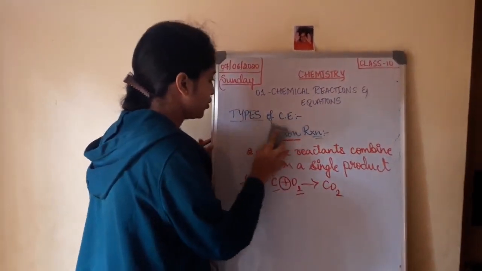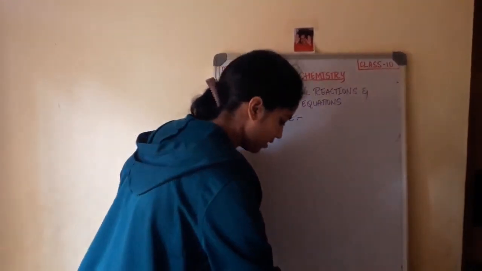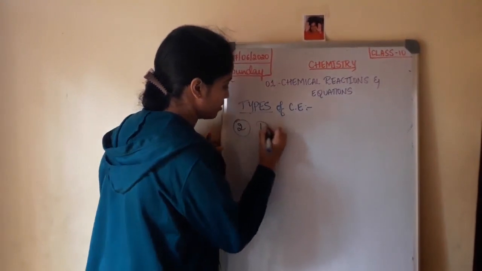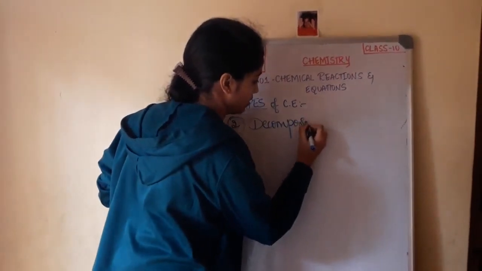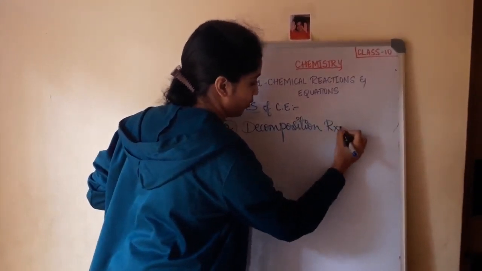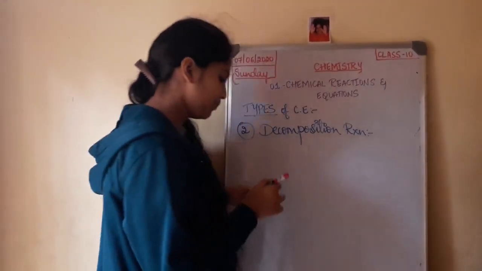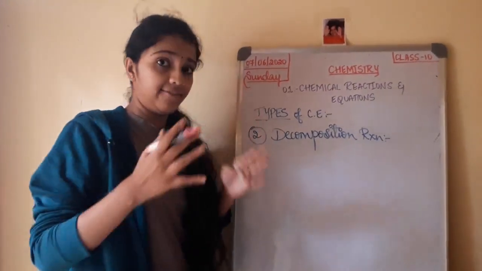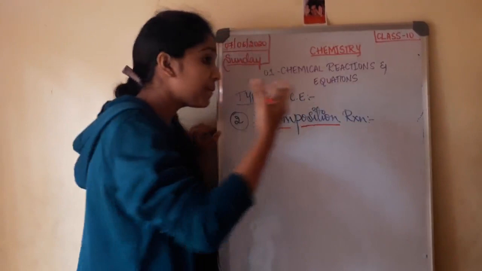Now, let's go to the second type of chemical reaction, which is the opposite of the combination reaction, that is the decomposition reaction. As the name suggests, decomposition: when a single thing divides, it breaks down.